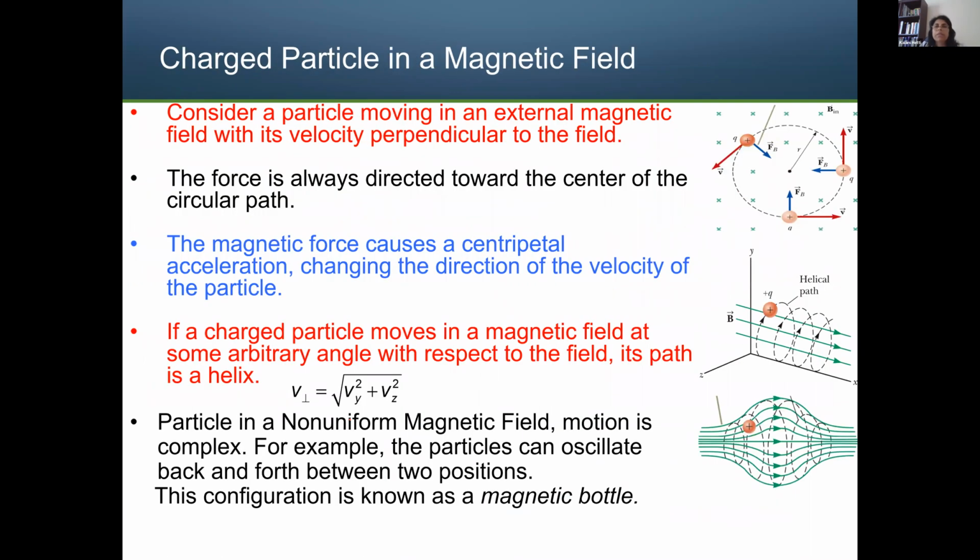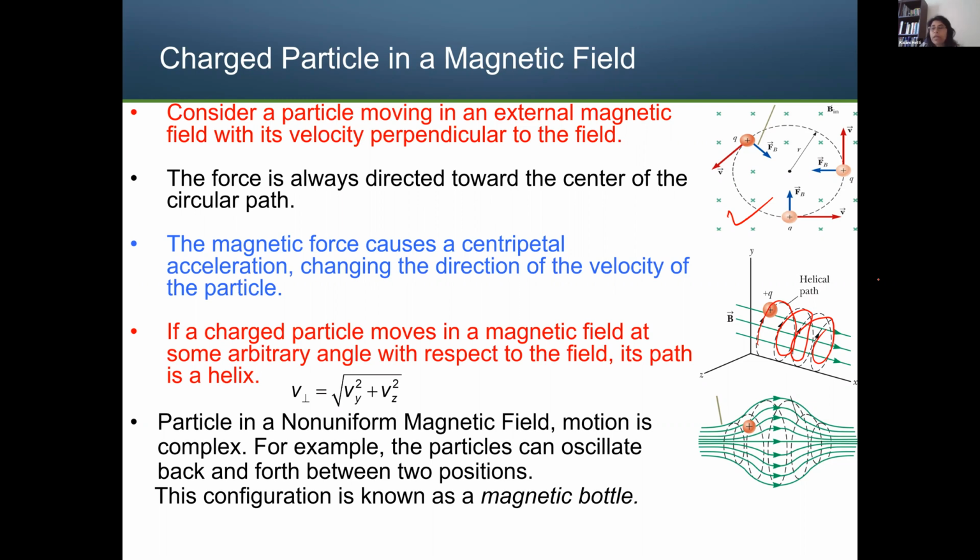Since we are talking about motion perpendicular to the magnetic field, your particle will always travel in a circle like this. But it is not the real situation. In a real situation, the particle can move at some arbitrary angle, not exactly 90 degrees. In that case, you need to take the sine of theta into account in your equation, and then you're going to see this kind of helical structure of the motion of the charged particle.